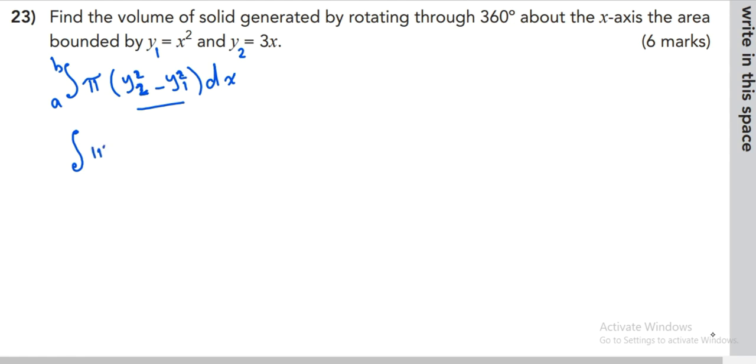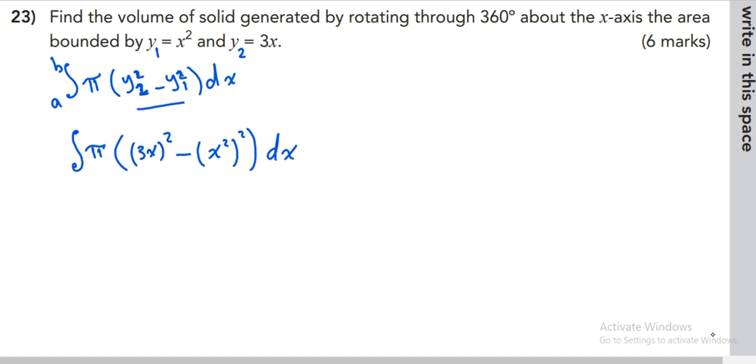Here pi will be written outside the integration. y2 equal 3x to the power of 2 minus y1, which is x power 2, all to the power of 2 dx.